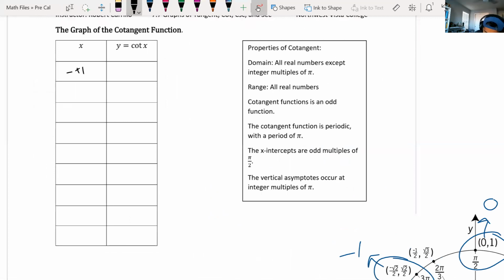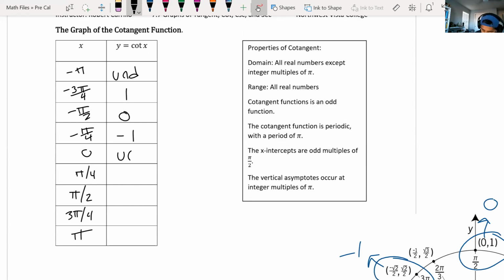So negative pi, negative 3 pi over 4, negative pi over 2, negative pi over 4, 0, pi over 4, pi over 2, 3 pi over 4, and pi. And we said that this will give us undefined, this will give me 1, and then this will give me 0, -1, undefined, 1, 0, -1, undefined.